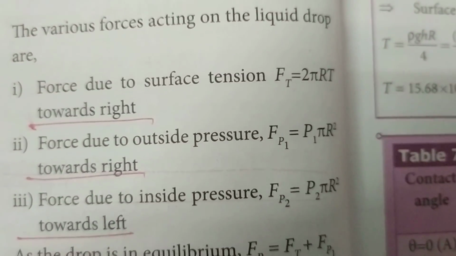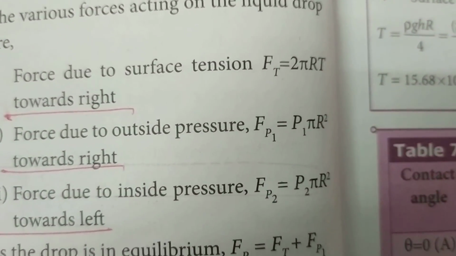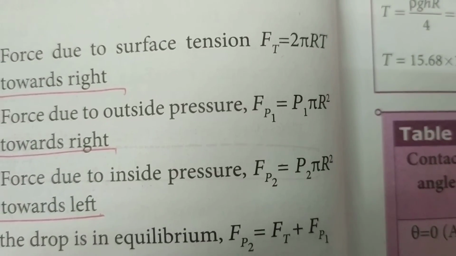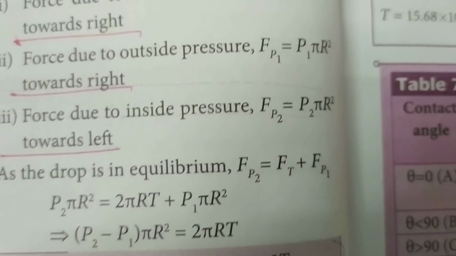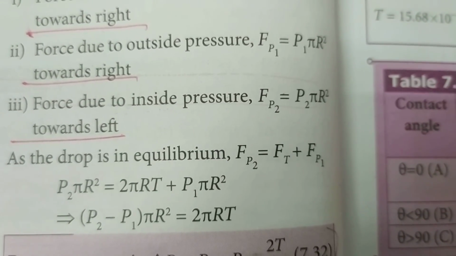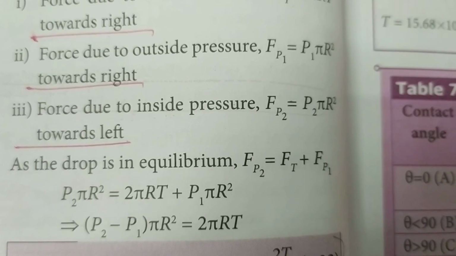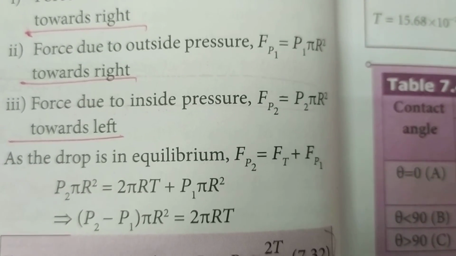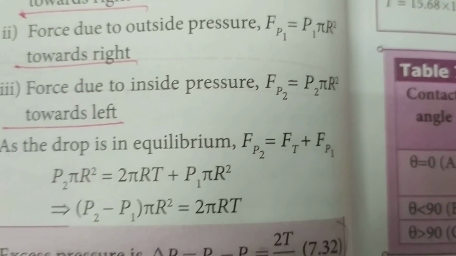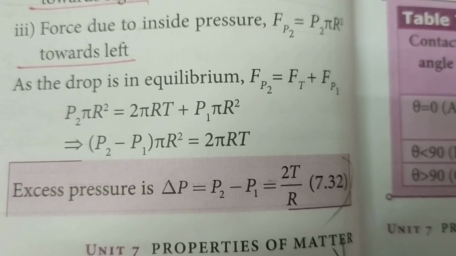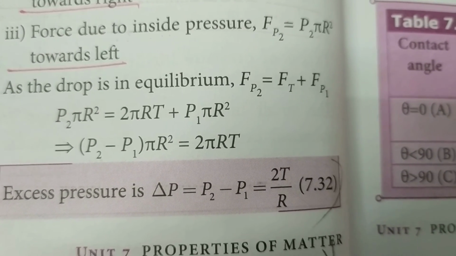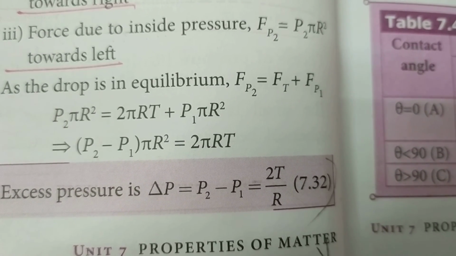So the force due to surface tension towards the right is Ft is equal to 2 pi rT, and you write the outside pressure and inside pressure, and under equilibrium, the forces acting towards the right must be equal to the forces acting towards the left. You have to equate that, and after simplifying you will get the same as in the first case, where delta P is equal to P2 minus P1 is equal to 2T by R.